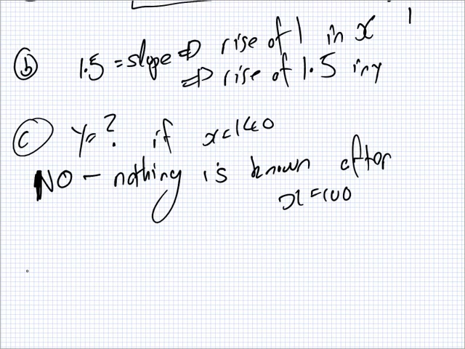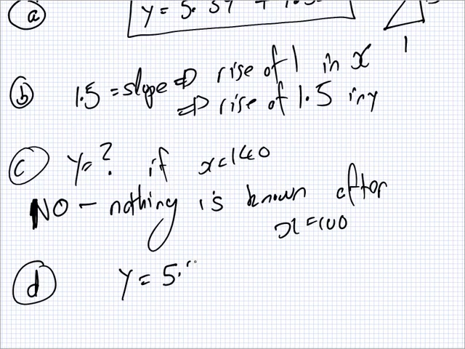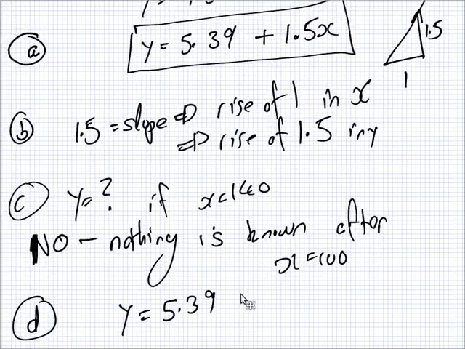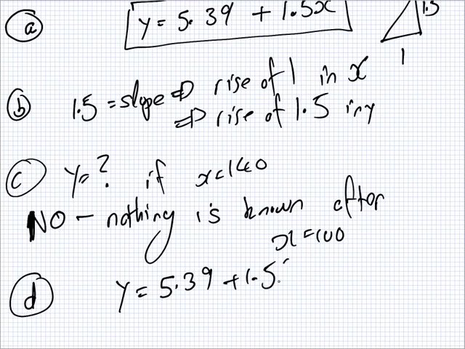Okay, D. What is y when x is 45? Well that's easy, because you just put in x is 45. What do we get here? 72.89? Okay.